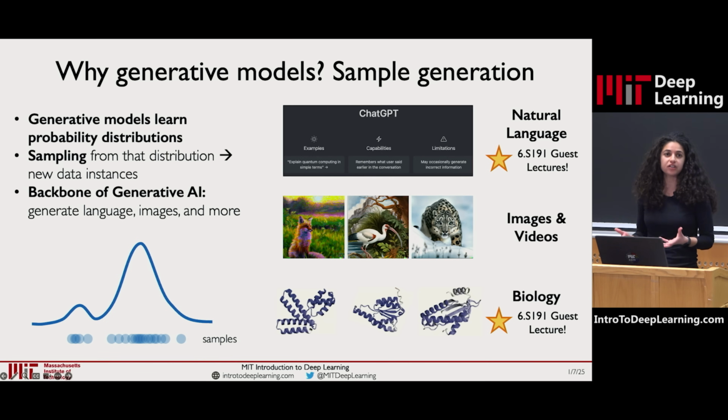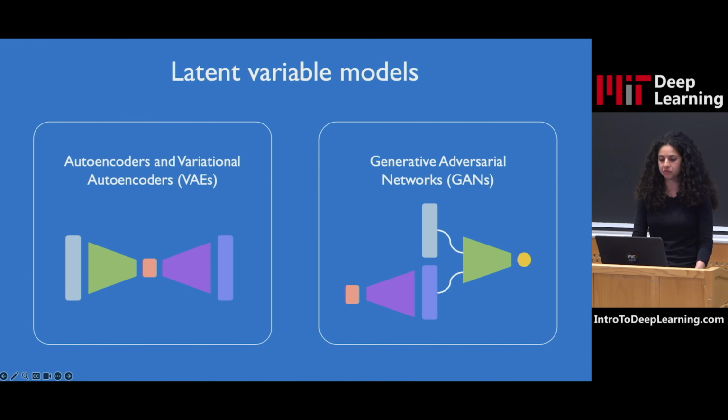And this is really the fundamental backbone of generative AI. And in this course, you'll see how this concept is really, really powerful in domains from natural language to computer vision to even the sciences and healthcare. So hopefully this motivates and sets the stage for why we really care about generative models.